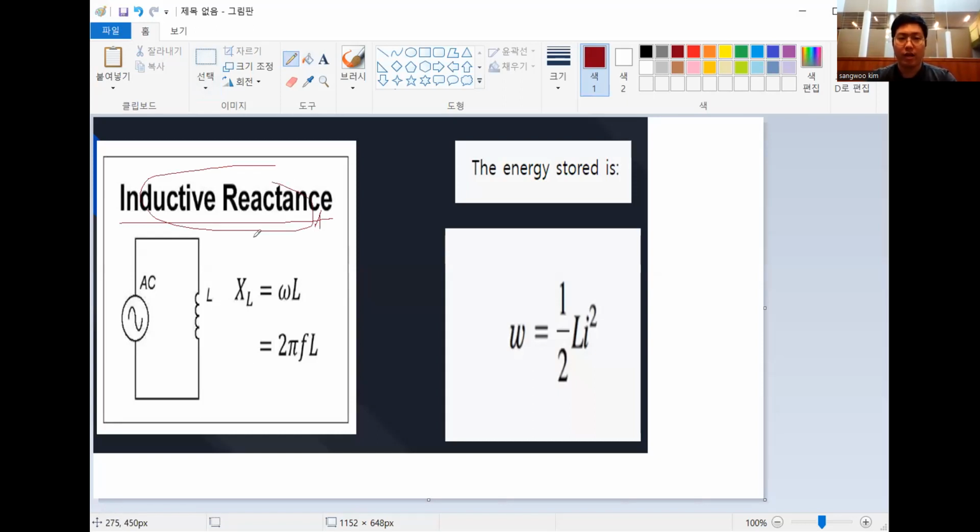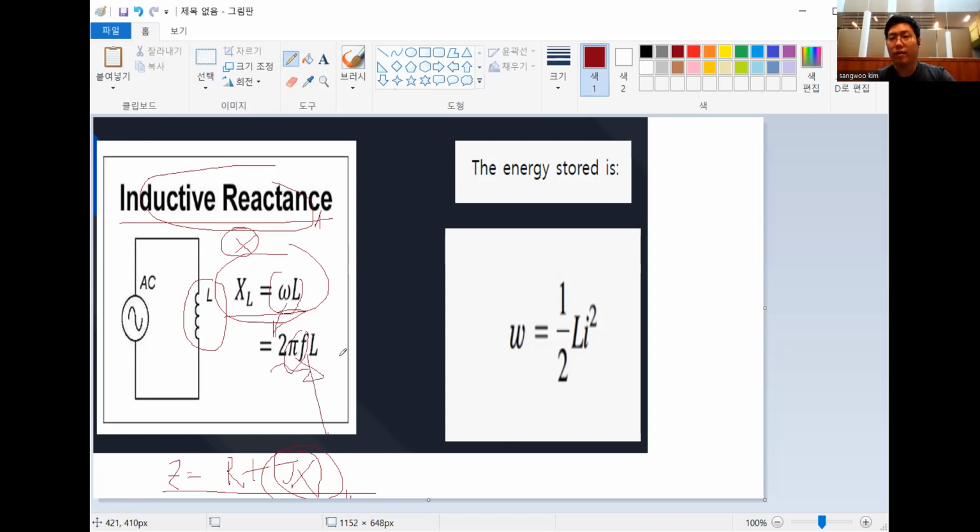X is the reactance. In an AC circuit, we say the impedance is R plus jX. Now, for only L, only X exists, and it is omega L. Omega can also be changed to 2 pi f, where f is the frequency in hertz.